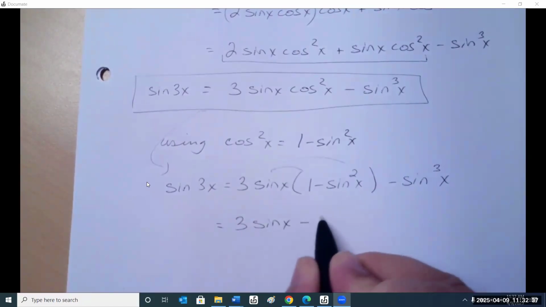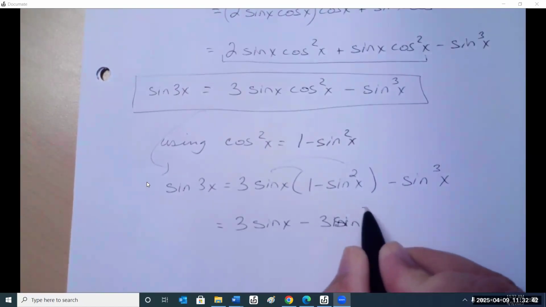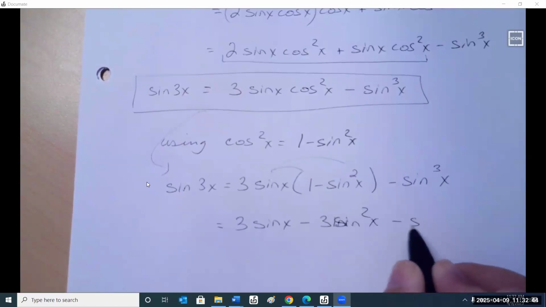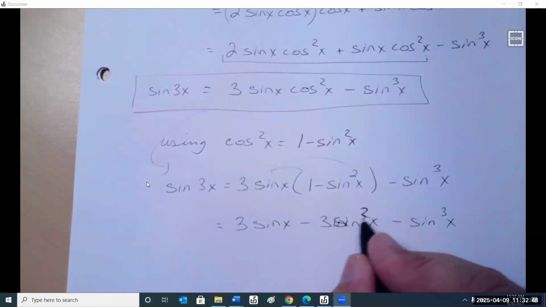Three sine x minus 3 sine cube x minus sine cube x.